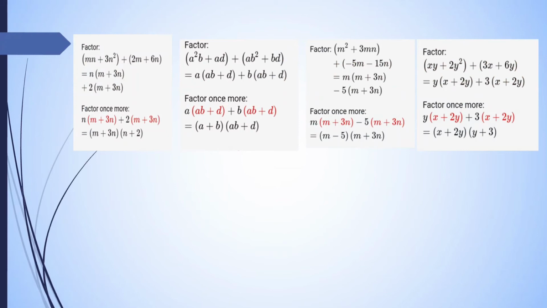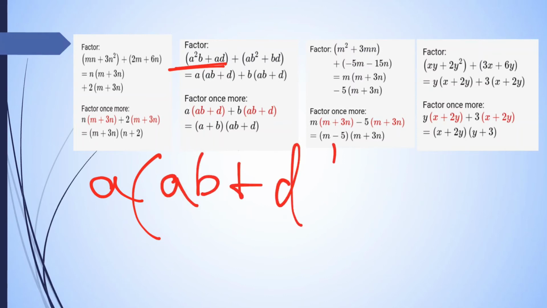Now in the same manner you have to solve question number 3. Now we will solve question number 4, a square b plus ad plus ab square plus bd. Now here you can take common only a, then what will be the remaining? ab plus d.